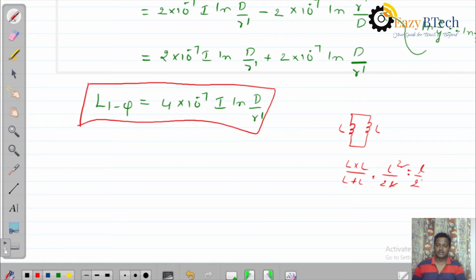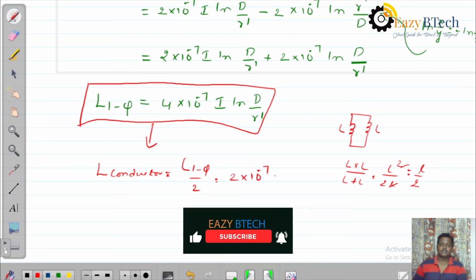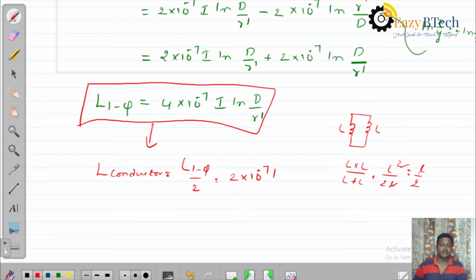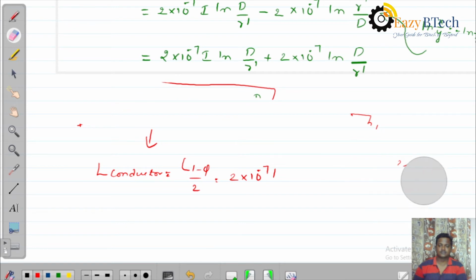Finally, you get L by 2. Therefore, from this expression, we can calculate the inductance per conductor. Inductance per conductor is L single phase by 2. You can get 2 into 10 power minus 7. Here I will get cancelled. You can calculate this.